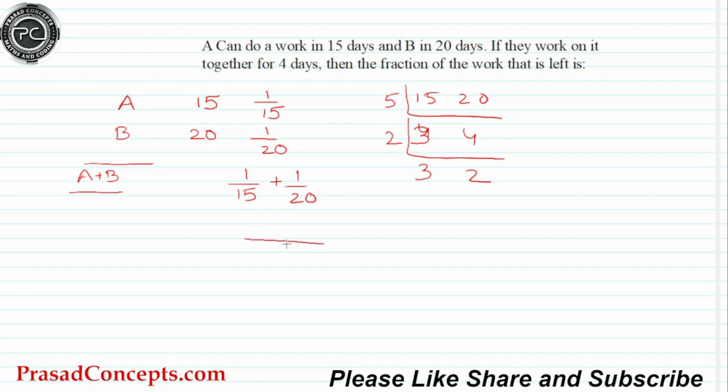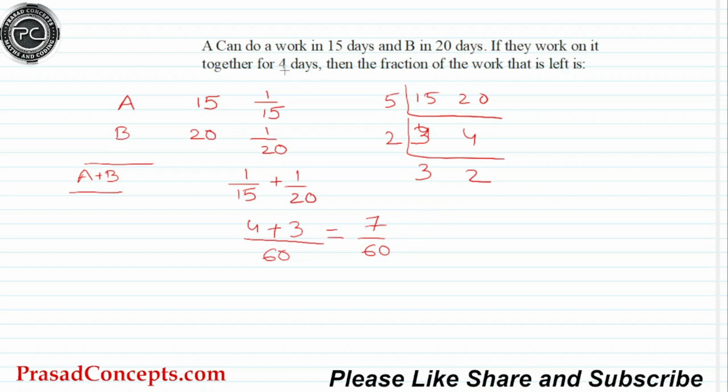LCM is 60. 60 by 15 is 4, 4 into 1, 4. 60 by 20 is 3, 3 into 1 is 3. 7 by 60. So A and B can do 7 by 60th part of the work in 1 day.